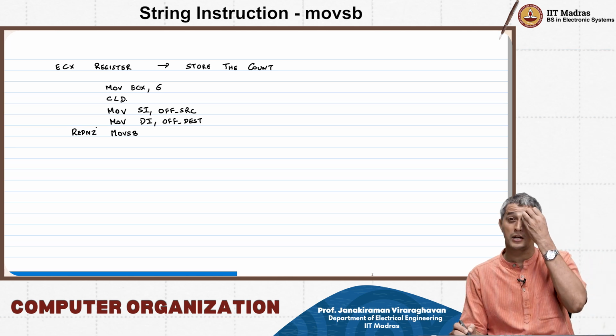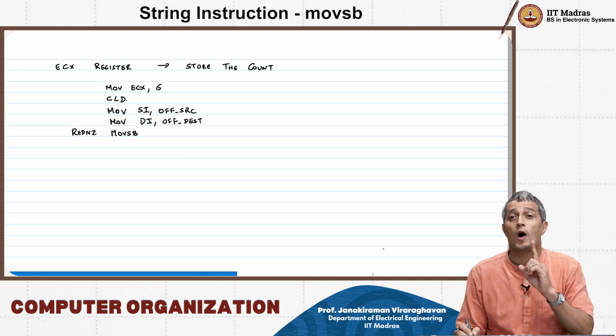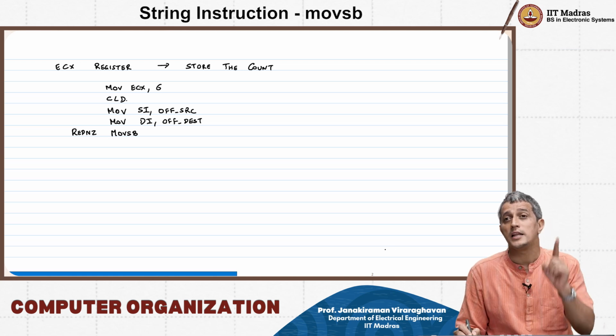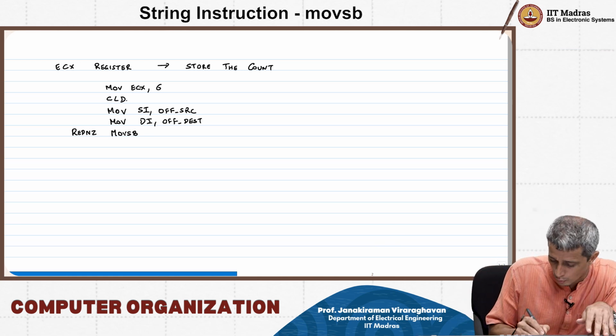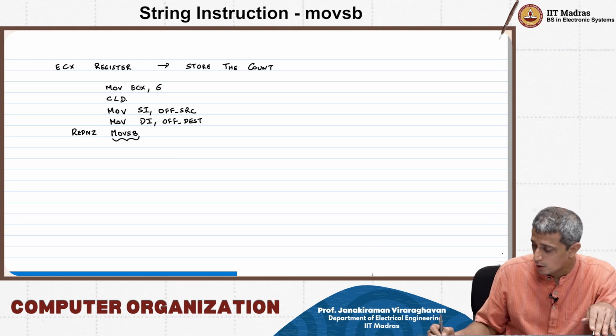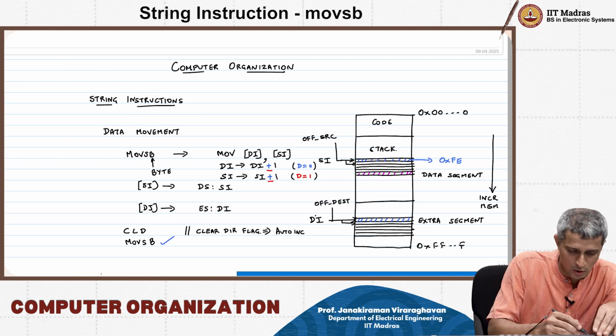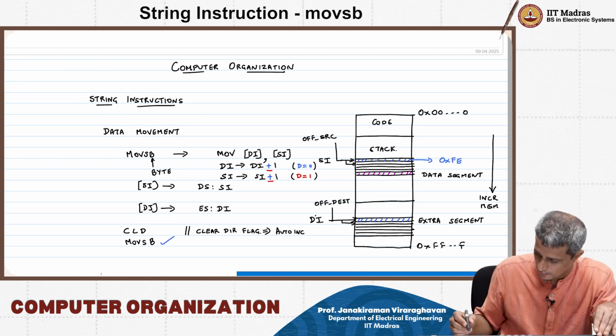You repeat until non-zero. Until what is non-zero? Until ECX hits 0. So what will happen? Let me copy this to the next page.